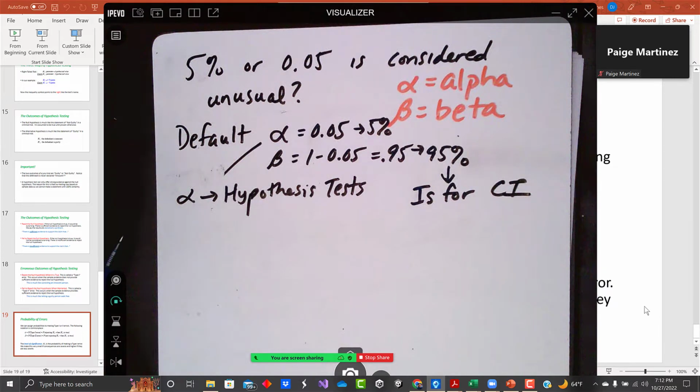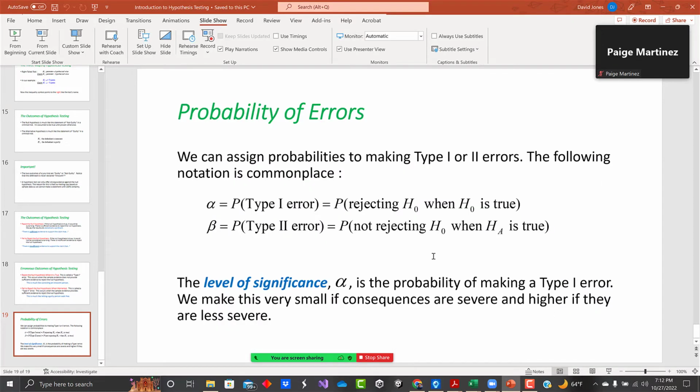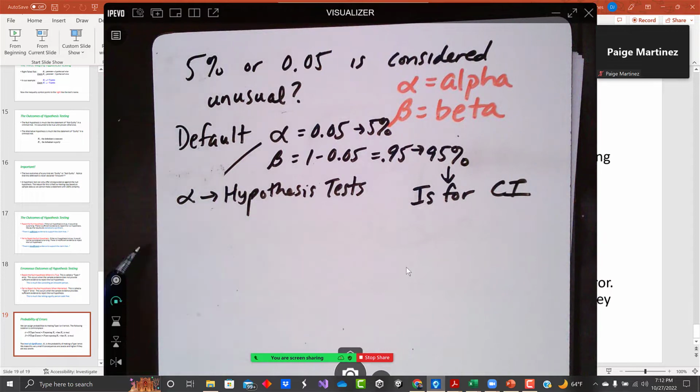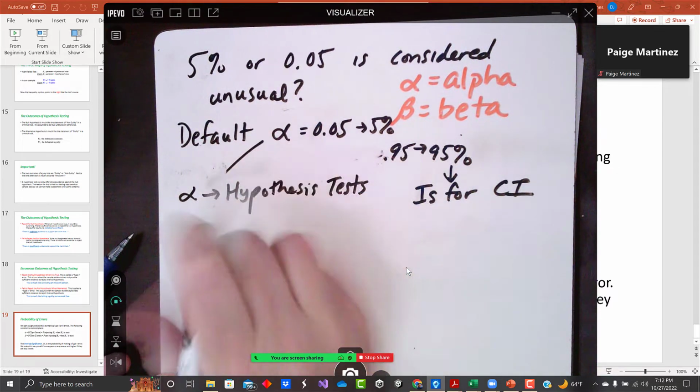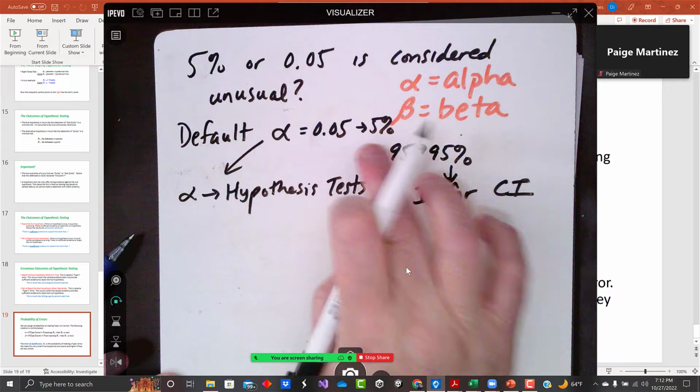I'm saying that right? Yeah. No, I don't know that that's beta. I don't want to say that's beta. Beta is the other one.